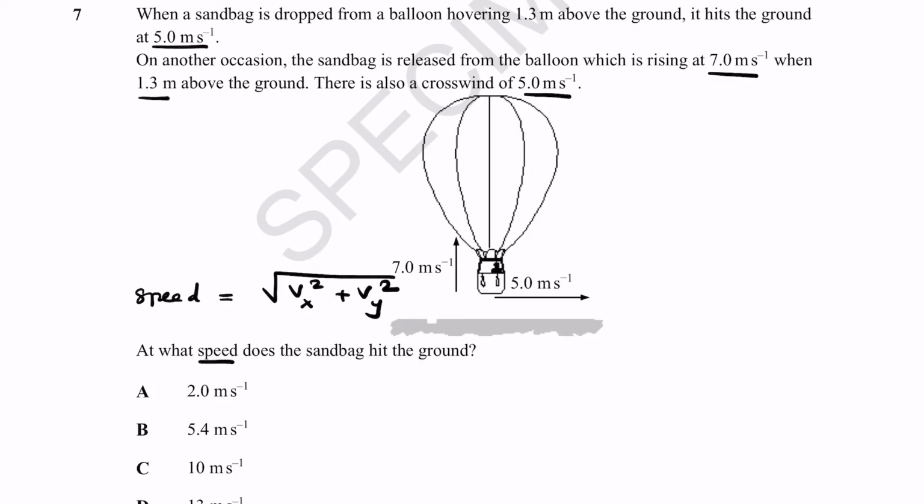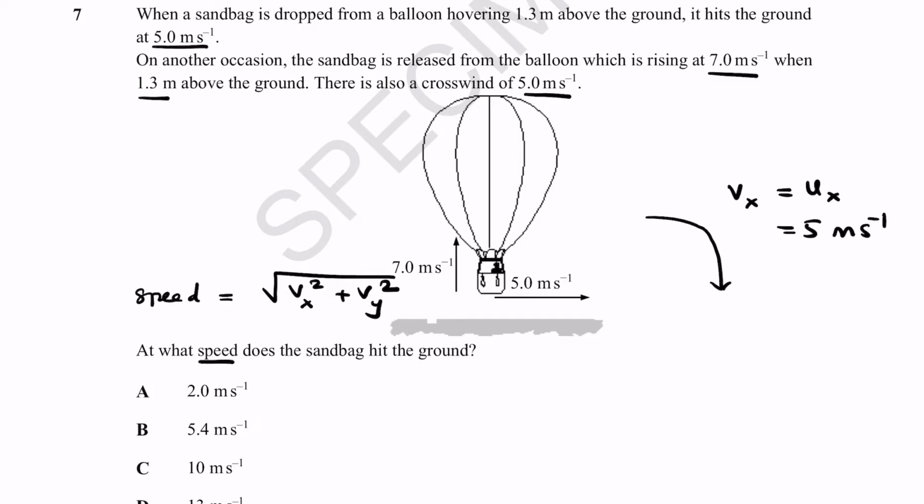So what we are assuming over here is that if there is a crosswind going at 5 meters per second like this, the bag will be landing like this. We're going to assume that there is no air resistance. Therefore, the final horizontal velocity is going to be the same as the initial horizontal velocity, which is 5 meters per second.